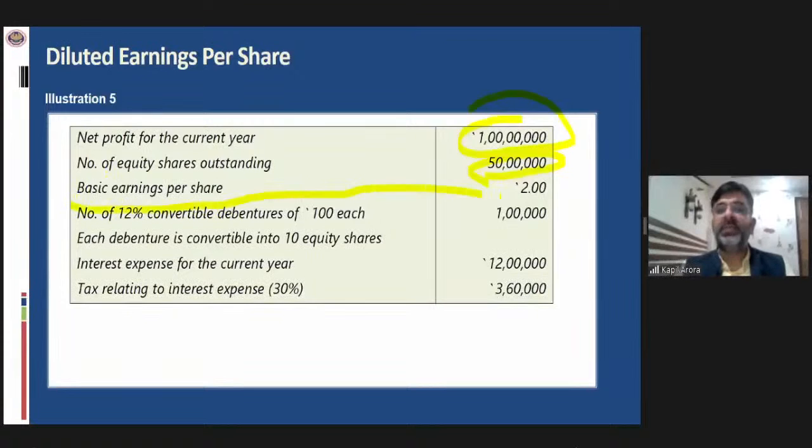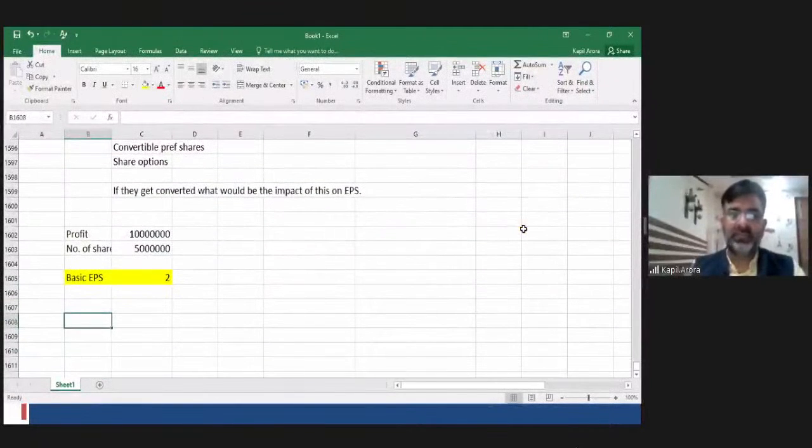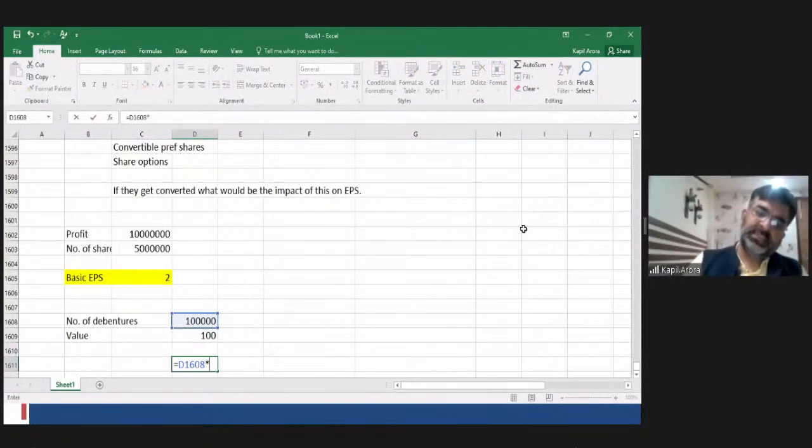However, the company says it has 12% convertible debentures of 100 rupees each. What is the value of debentures? The number of debentures is 1 lakh. Value of each debenture is 100, so the total value of debentures is 1 crore.